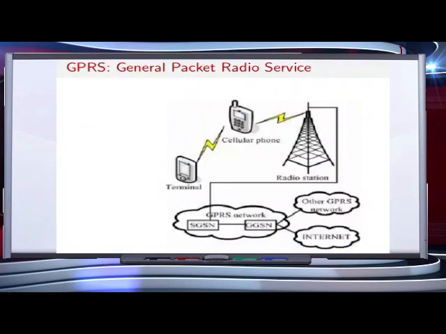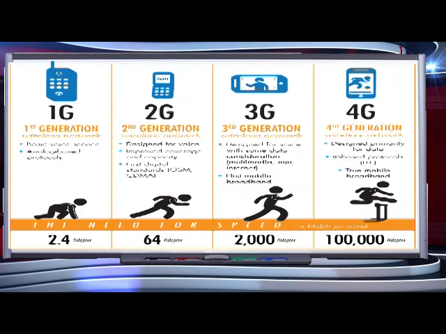GPRS provides high-speed data transfer, typically between 56 kilobits per second and 114 kilobits per second. A user of a GPRS network is charged only on the amount of data sent or received, as opposed to the duration of connection.